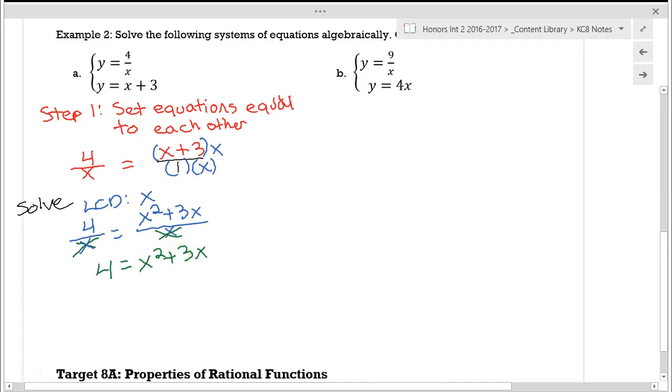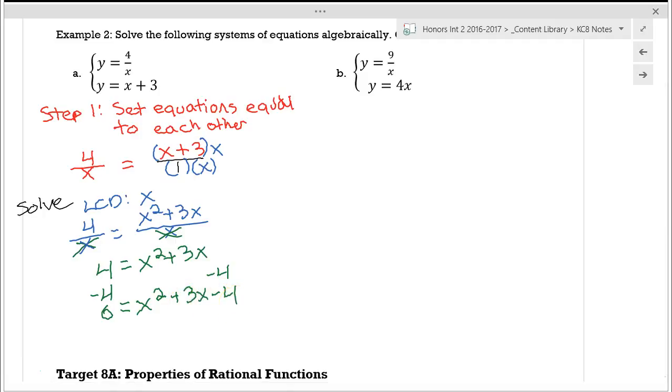This is one of those where we have an x squared, so I have to subtract 4 from both sides. So 0 equals x squared plus 3x minus 4. Factoring, I get x plus 4, x minus 1.